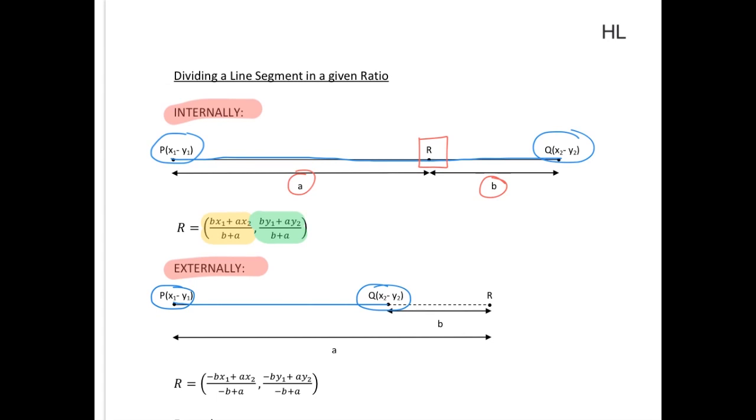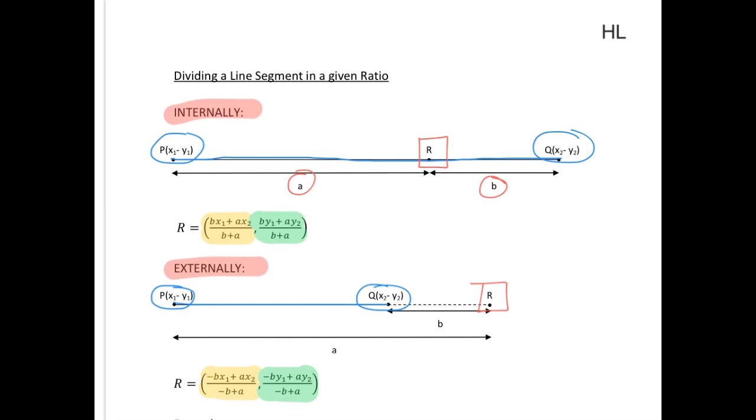But if we want R now being an external point, then the x coordinate of R will be minus b times x1 plus a times x2 all over minus b plus a, and the y coordinate of R will be minus b times y1 plus a times y2 all over minus b plus a.